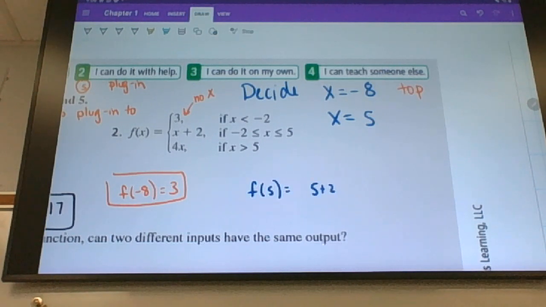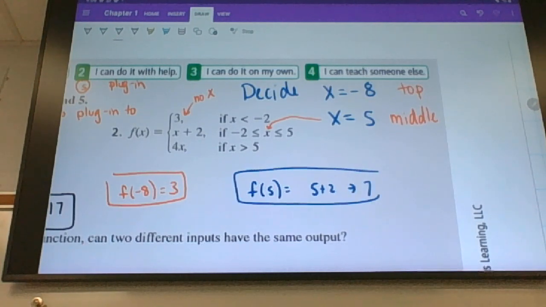So this one actually goes in the middle because 5 is right between those. So yeah, f of 5 is 7. Feels a little bit like coding. I've done coding. Those inequalities are actually a lot in programming.